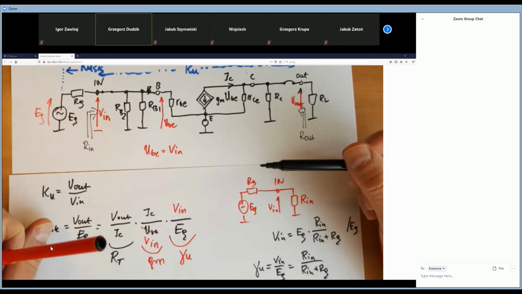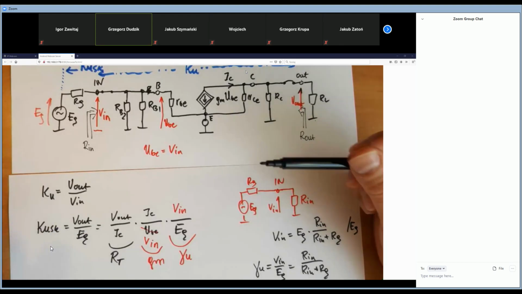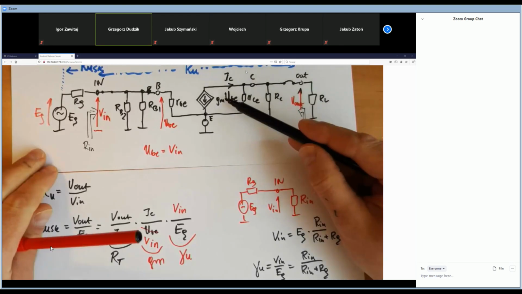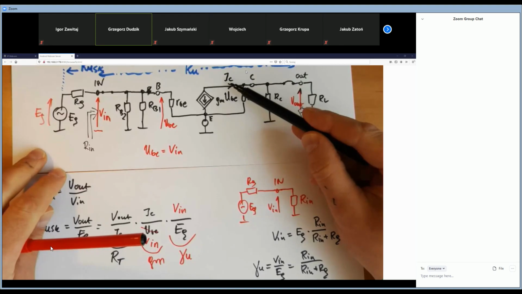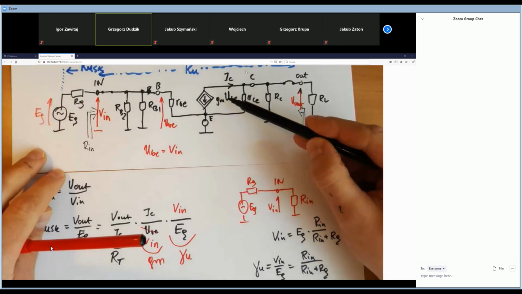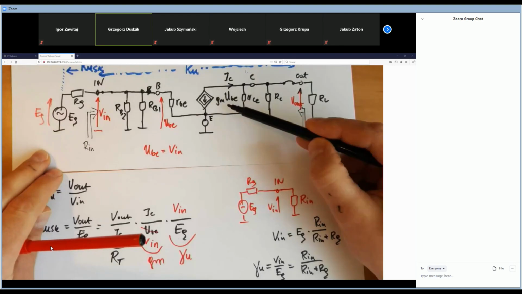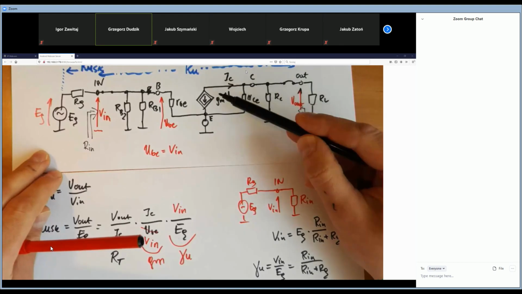So the question is, what do we have to do to get that direction of the current? What do we have to do with this dependent current source? What do we have to put here to get the opposite sign of the current flow?